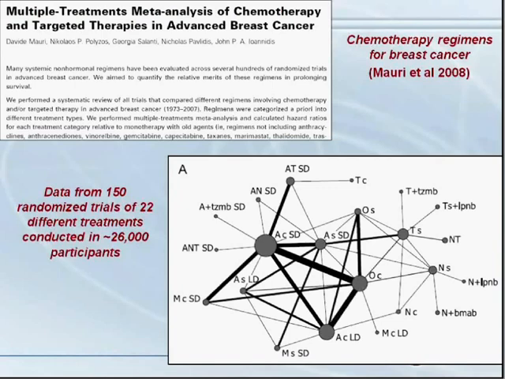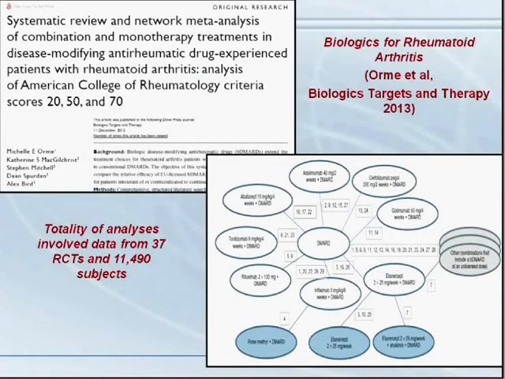This particular network, 22 treatments, data from 150 trials and about 26,000 patients. And a more recent one, rheumatoid arthritis, and we've talked a bit about the treatments already. And again, data from about 37 trials and about 12,000 patients. And this is the most studied indication using a network meta-analytic approach.